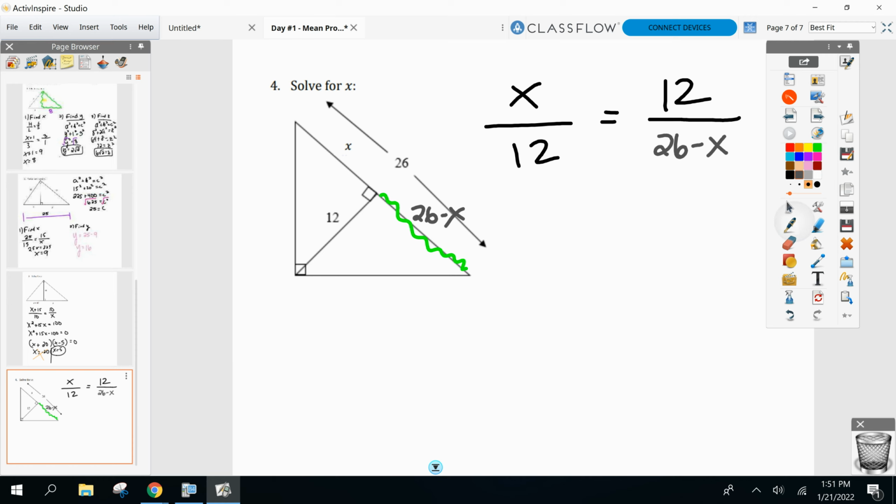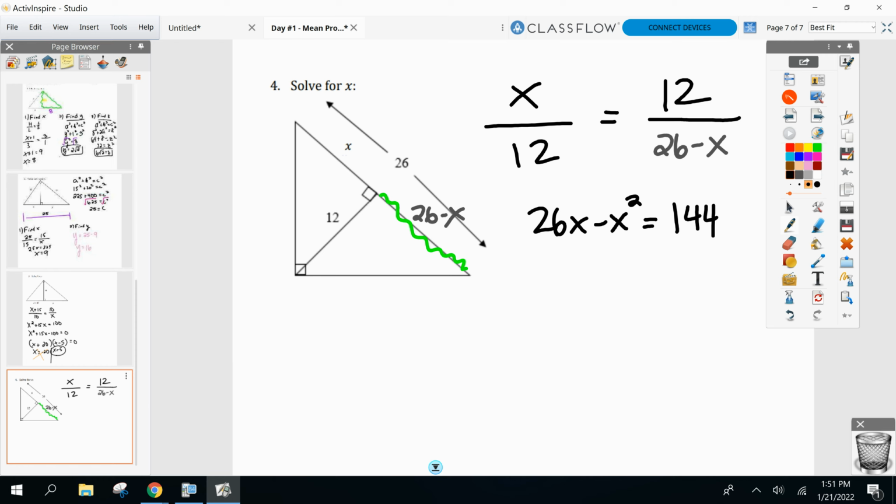All right, I'm going to keep going with you to a point just to make sure we're solid. So we cross multiply. I get 26X minus X squared, and on the other side, 144. What have I been preaching to you guys about with your X squareds before you factor? They have to be positive.